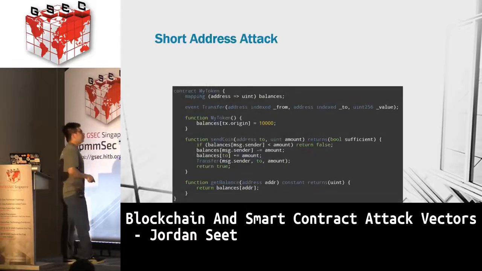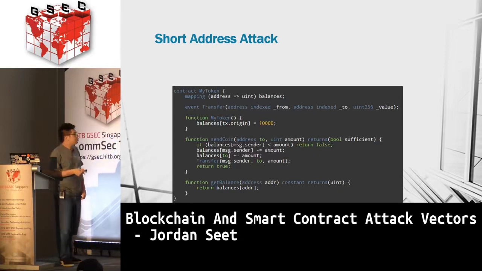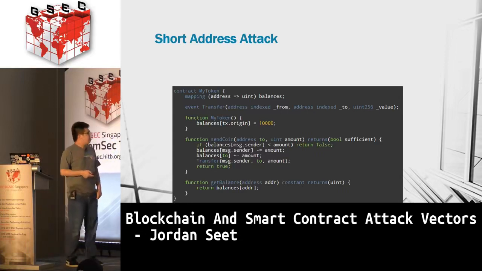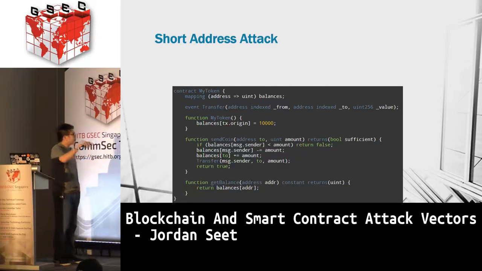The short address attack should be my last attack on the smart contract platform. So what we see here is that if you were to take some time to look at this contract, it looks very innocuous. I have a token, I initialize the token, and then as you can see, transaction.origin, so the person calling this contract will have a balance of 1,000 tokens.